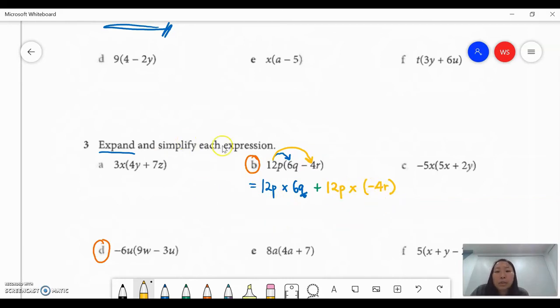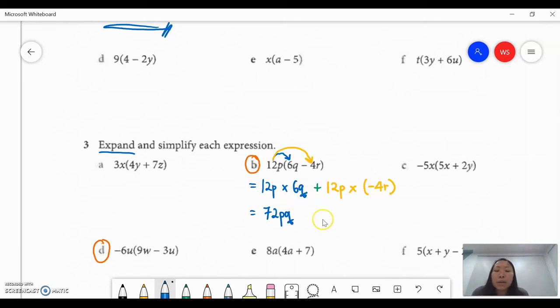On the next step, you'll simplify that. So you have 12p times 6q, settling the numbers first. We have 12 times 6, which will give you 72. And then after that, you have p times q, placing your letters together with your numbers.